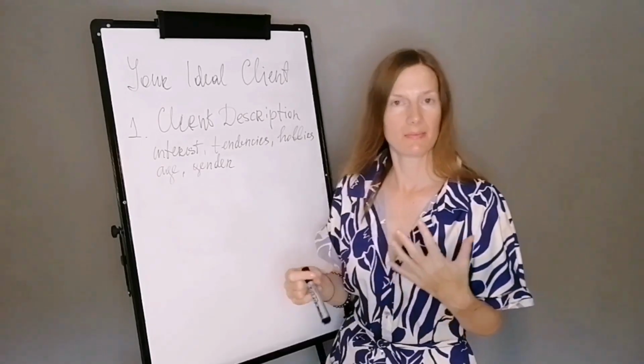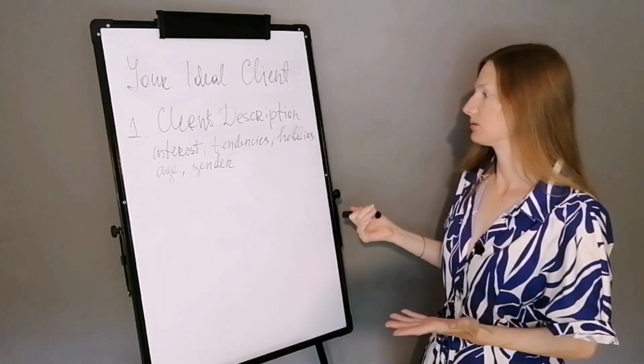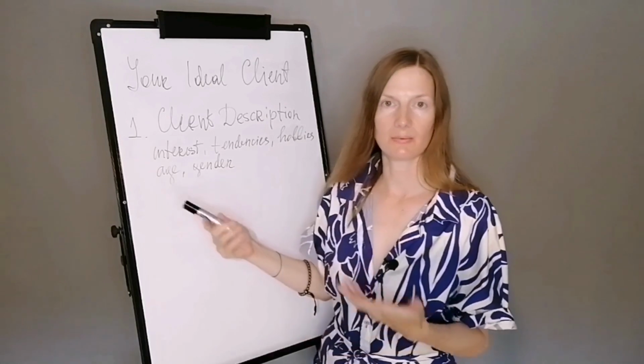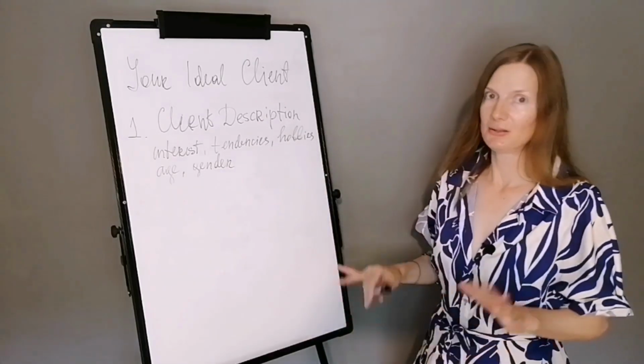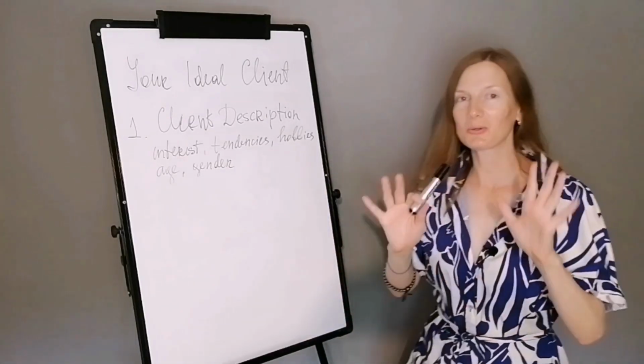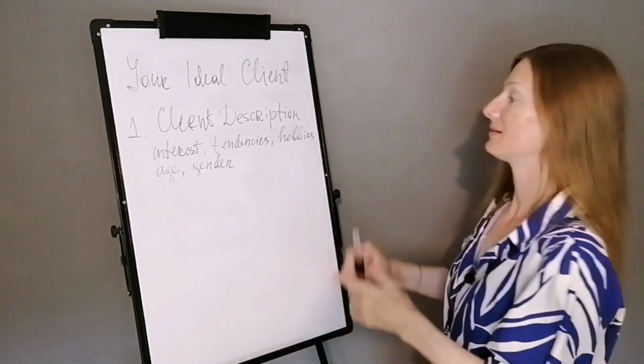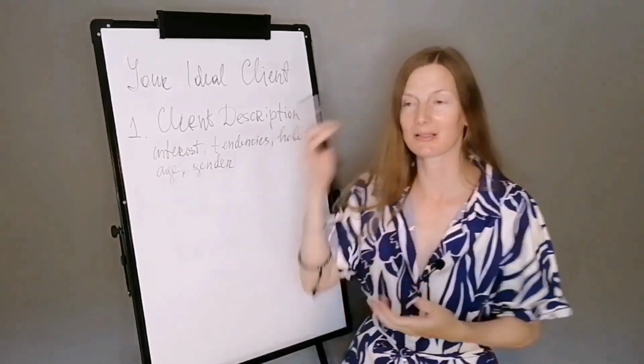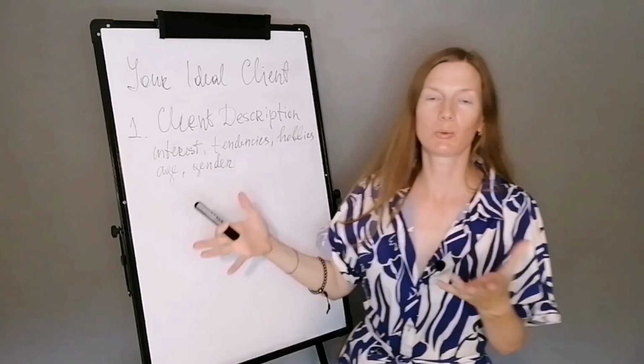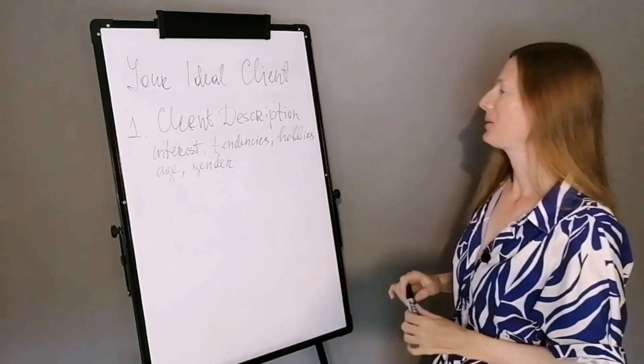Because of course there are some offers that are only for women. Still nowadays, there are things which are only for women, and there are also things which are only for men. For example, men's clothes are usually bought by men.